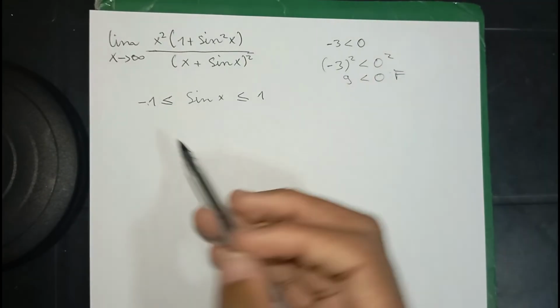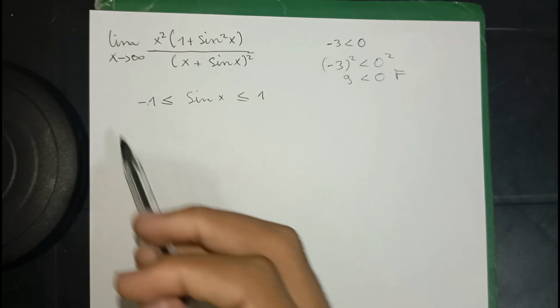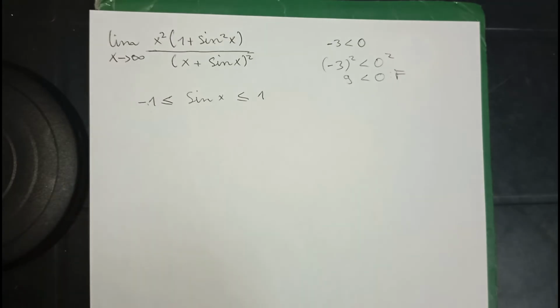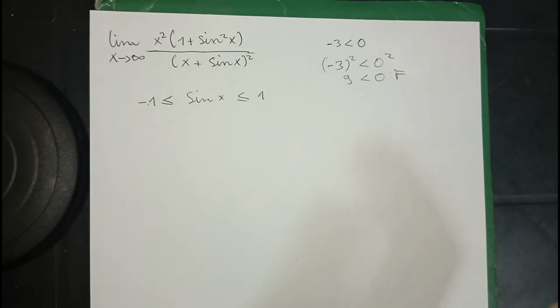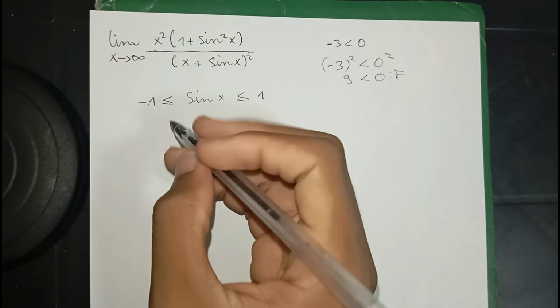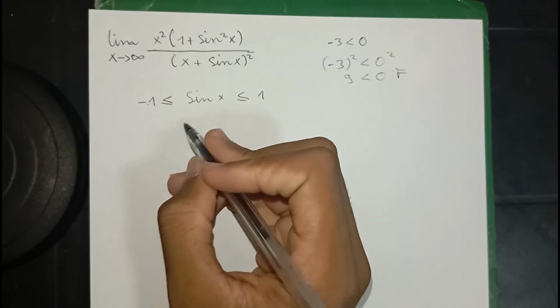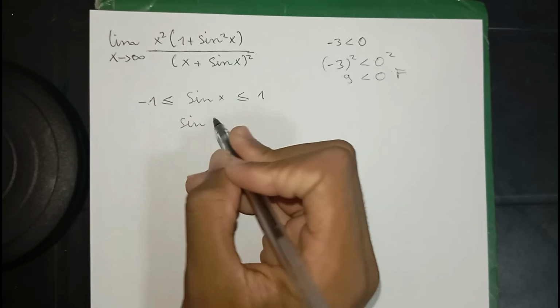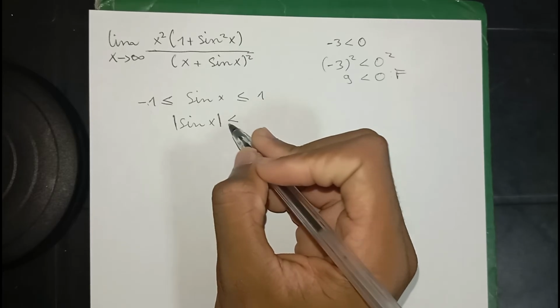That's why we cannot take any exponent here. So that was an example. Of course, if you are a mathematician, you can prove it. Okay, so what I'm going to do is say that the absolute value of sine of x is less than or equal to 1.